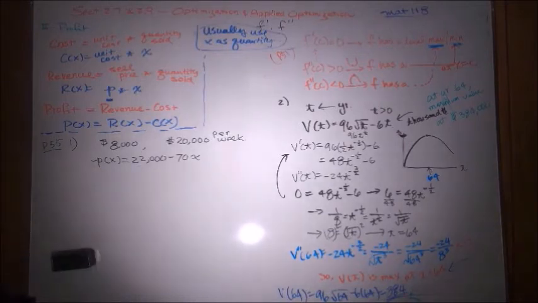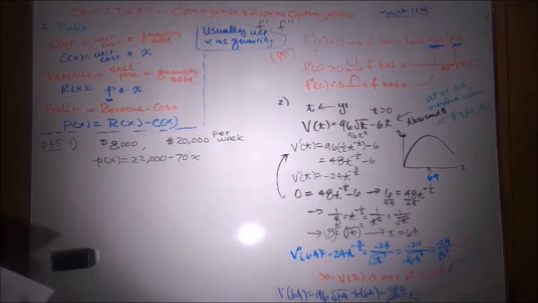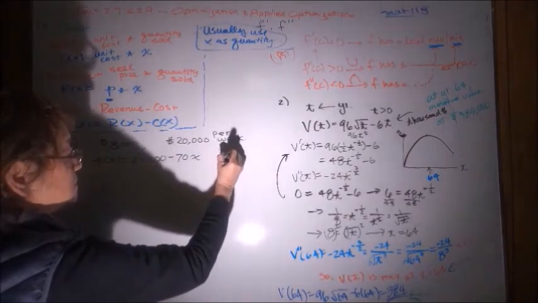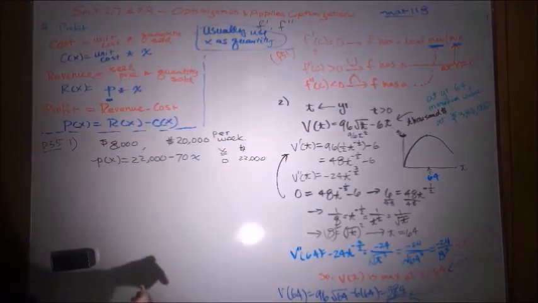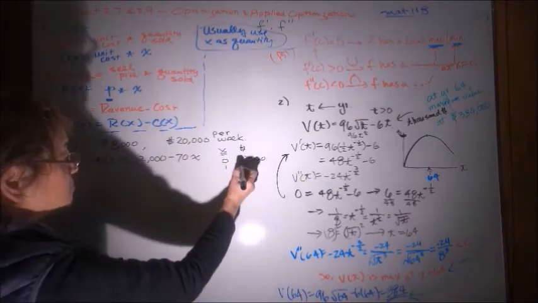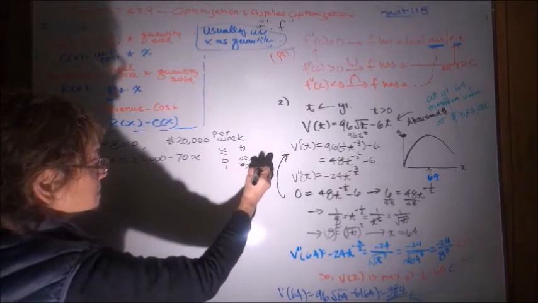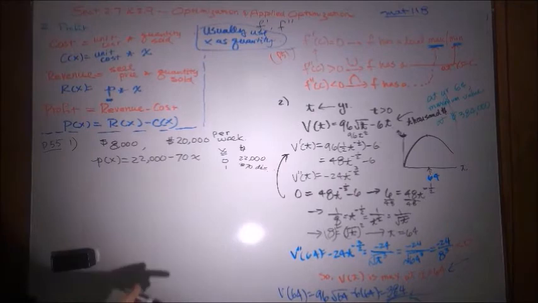It means my original price I set up is $22,000. P is the price at which exactly x cars would be sold. If you sell one car, minus 70 means a $70 discount. That's what it's saying.